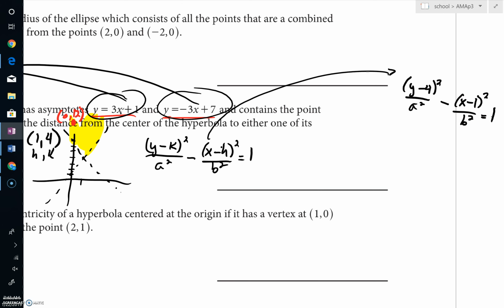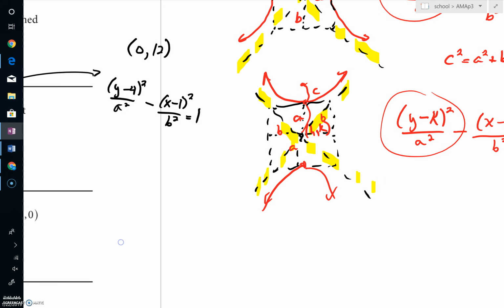And of course, we also know that we've got the point 0, 12. If I were to plug in x equals 0 and y equals 12, that equation would be true, right? But we have to be very careful about something, and I just want to show you, let's go back to this scenario real quickly.